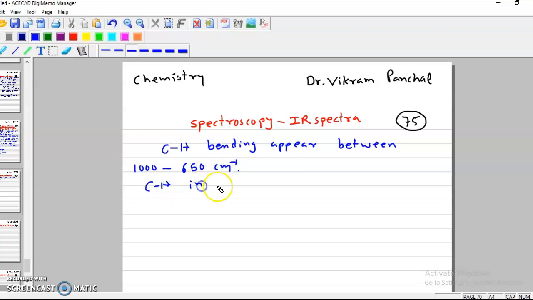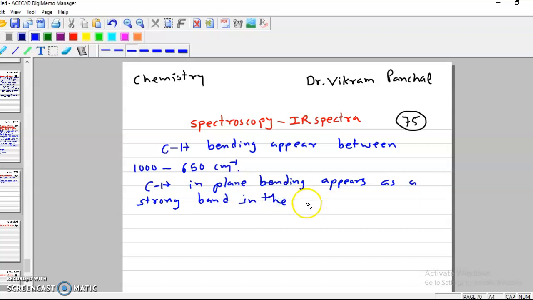CH in plane bending appears as a strong band in the region 1450 to 1420 centimeter inverse.